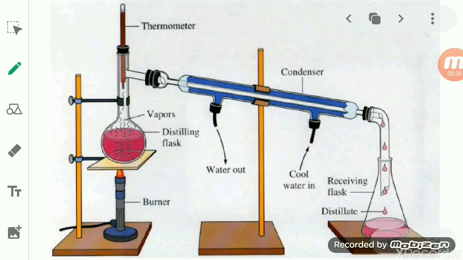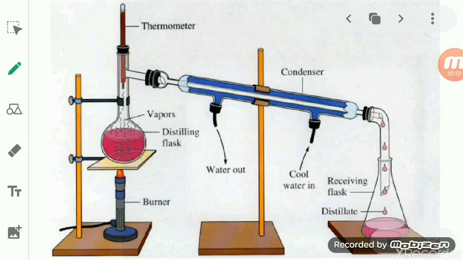Although the distillation process can be used for both liquid and liquid components, it can be used for solid and liquid components also. So basically this method is used for the separation of both. If one component is a solid and the other is a liquid, or if both of the components are liquid.